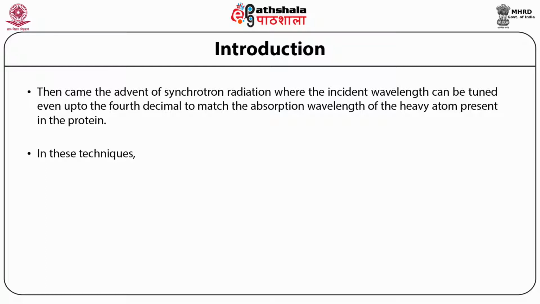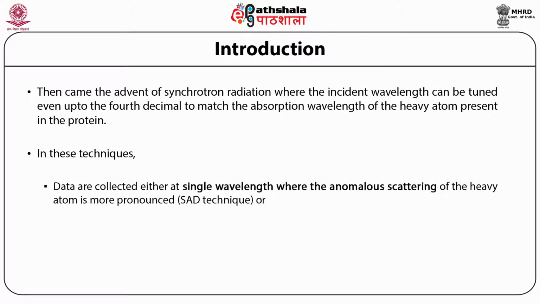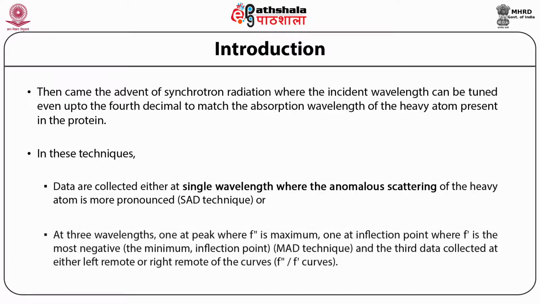In these techniques, data are collected either at a single wavelength where the anomalous scattering of the heavy atom is more pronounced, which is known as the SAD technique, single wavelength anomalous diffraction, or at three wavelengths: one at the peak where F double prime is maximum, one at the inflection point where F prime is the most negative, the minimum, which is used in the multi-wavelength anomalous diffraction technique, and the third data set is collected at either the low remote or high remote of the curves. The curves denote F prime and F double prime, which we will see later.